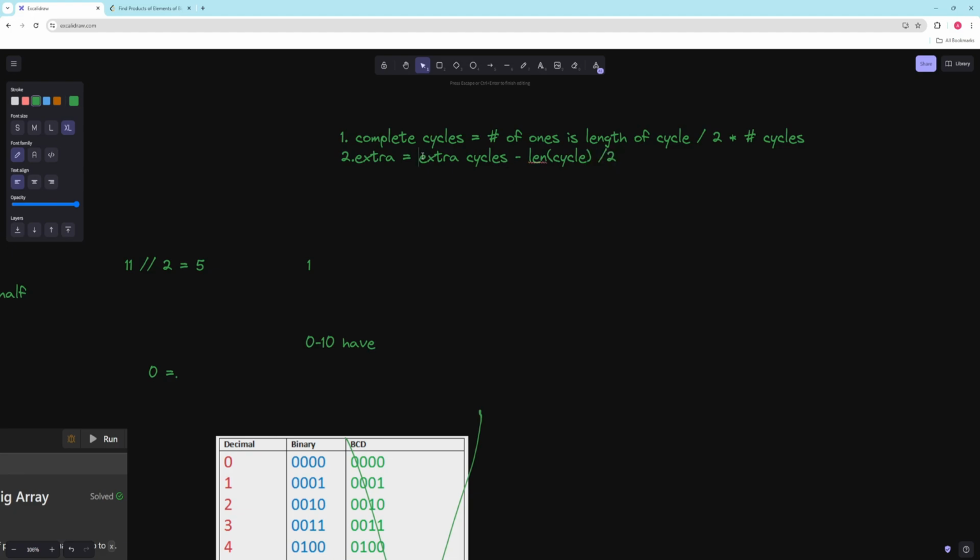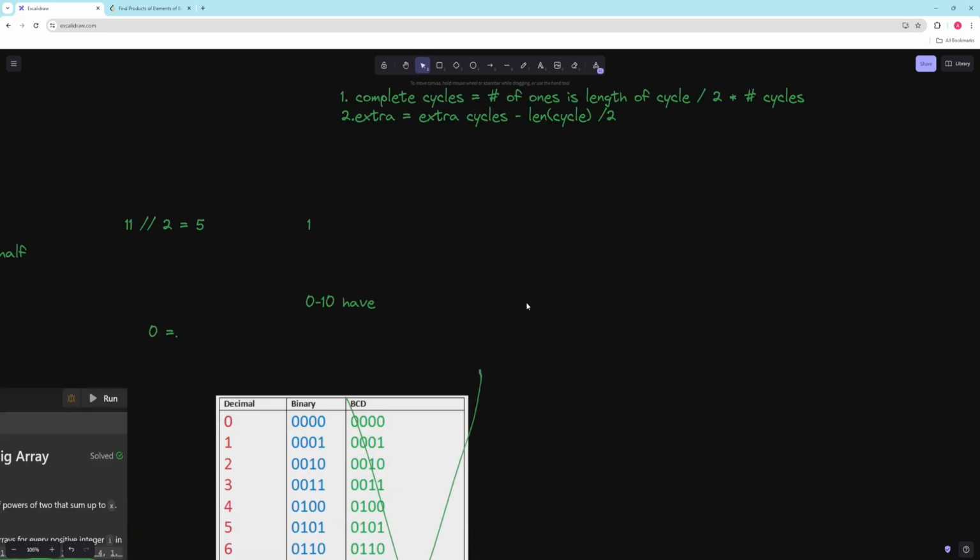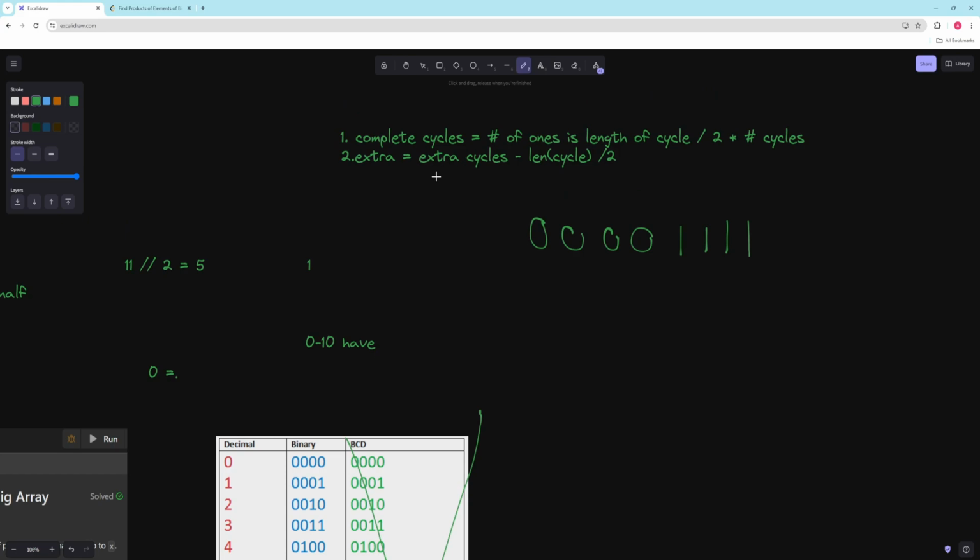And obviously if it's negative, then it'll just be 0. But essentially, if we know our cycle is 0, 0, 0, 0, 1, 1, 1, 1, and we have 3 extra cycles, not complete, so I guess this wouldn't be extra cycles, this would be extra bits. And we have 3 extra bits here, then we know that those 3 are going to be 0. But if we had 5, then we would do 5 minus 4, and we'd have 1. So hopefully that makes sense.